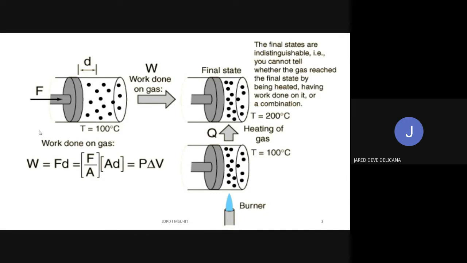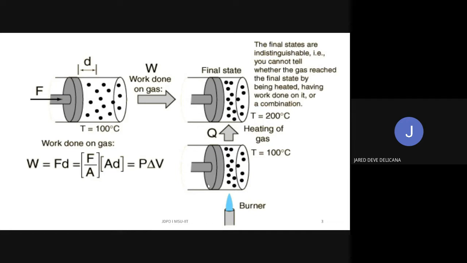As we can see in the leftmost image here, a force is applied in the system through a distance, and that is the work that is done on our gas in this case. In the final state, it has been observed that the temperature has risen to 200 degrees Celsius from the initial temperature of 100 degrees Celsius.